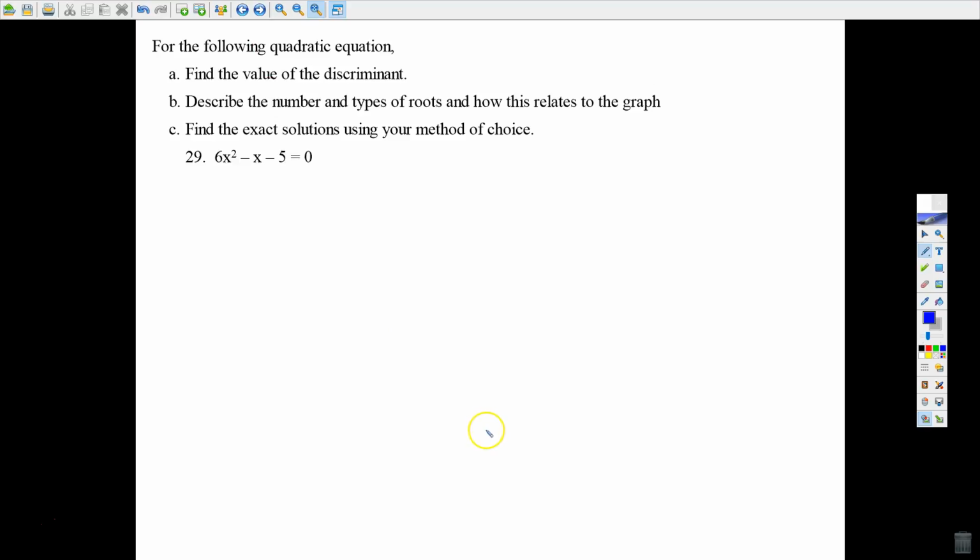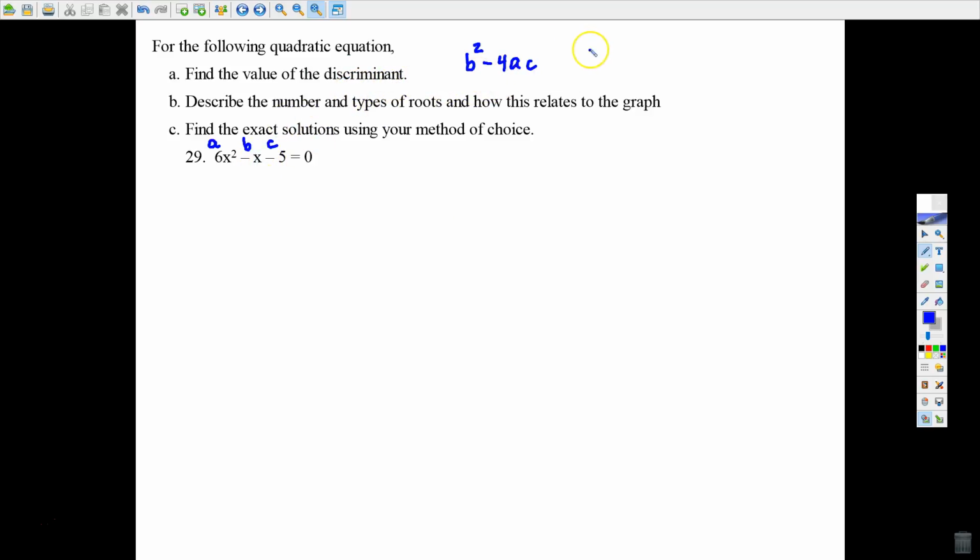Okay, so let's talk about the discriminant. The discriminant is, when you think about the quadratic formula, just think about this part, the part underneath the radical. b squared minus 4ac. So if I'm labeling the quadratic equation in this problem, a is 6, b is negative 1, and c is negative 5. Alright, so let's find the number representing the discriminant.